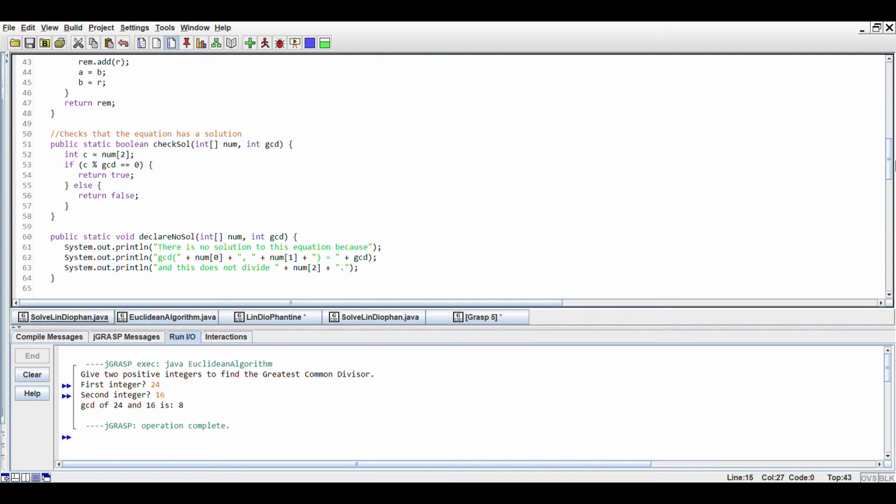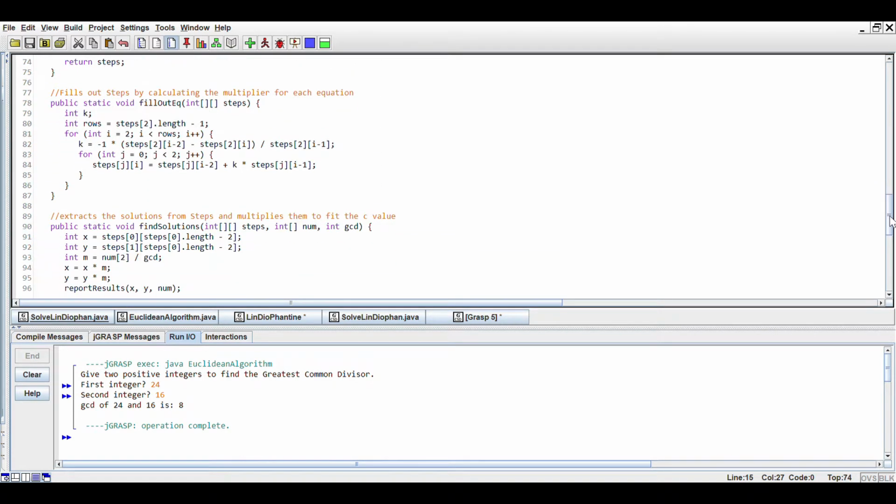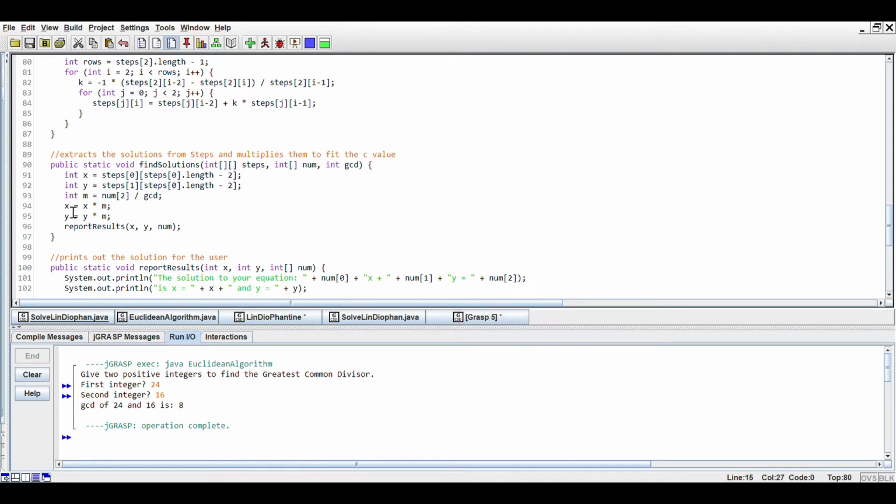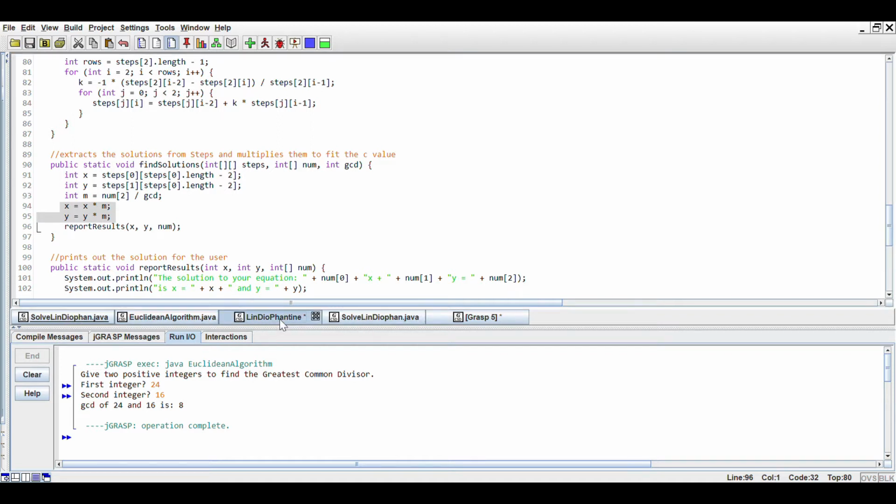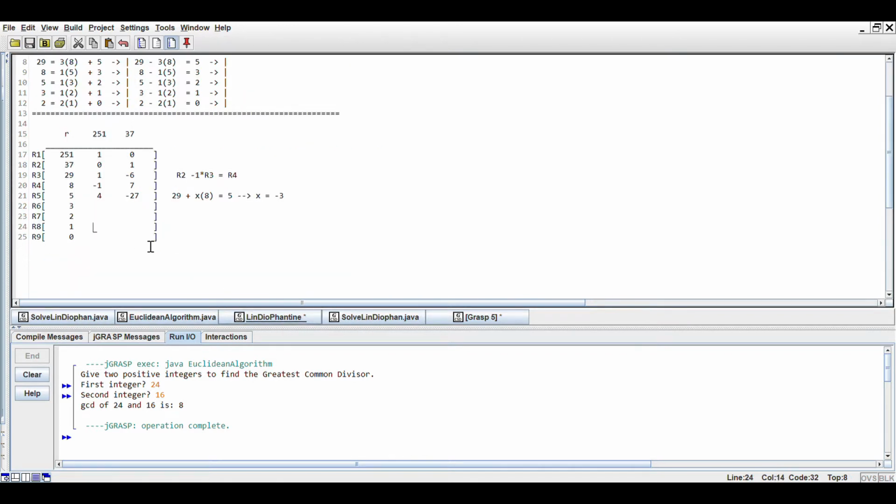So that's what this method does right here. And then it passes it to this other method that extracts the coefficients of the second to last line to find the x and y that solve the equation of the greatest common divisor as c. So down here that would be -14 and 95.